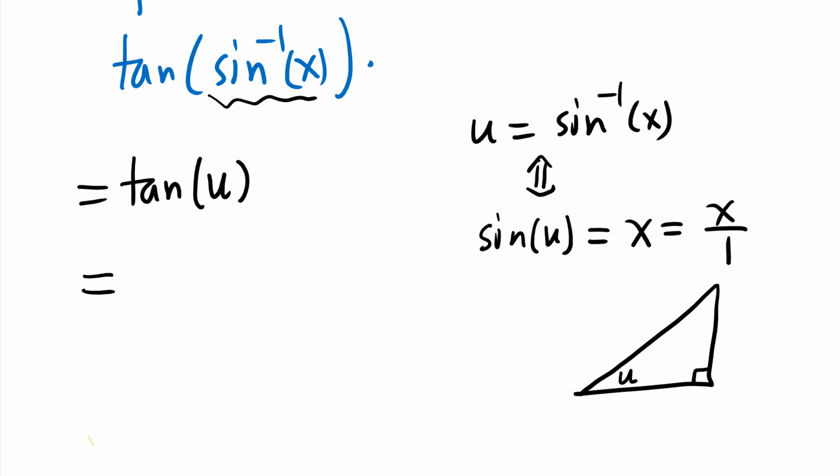U goes here. Sine is the opposite over the hypotenuse. So by the Pythagorean theorem, this is 1 square minus x square, under a square root. You can try the Pythagorean theorem. Now I want to find tangent U from the triangle.